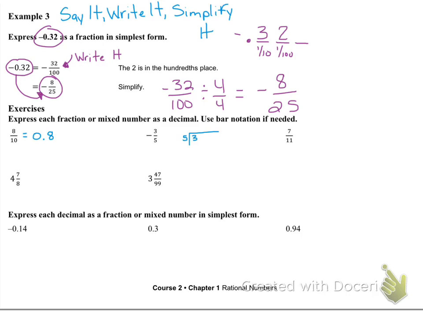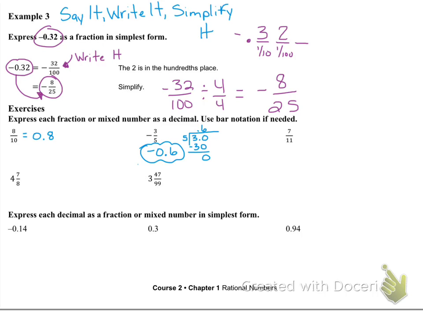Now we know it's going to be negative, so we can pull that back in just a minute. 5 won't go into 3. Raise a decimal, drop a 0. 5 goes into 30 6 times. 6 times 5 is 30. We have a 0 remainder, so it's terminated. So negative 3/5 is equal to negative 6 tenths.